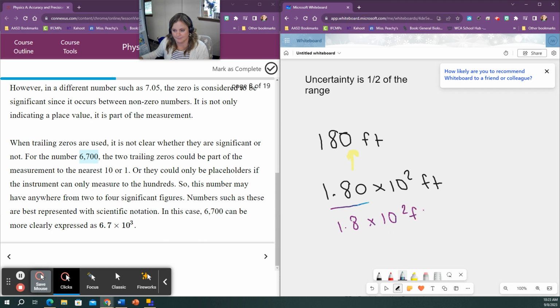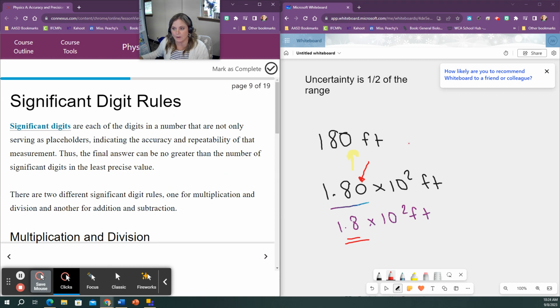Right? Still the same, still comes up to be 180 when you figure it out without the scientific notation, but scientific notation shows us the number of significant digits. So the only reason you would put a 0 here is if you actually physically measured it, if it's considered significant.